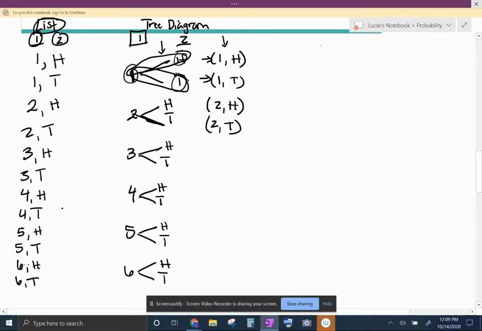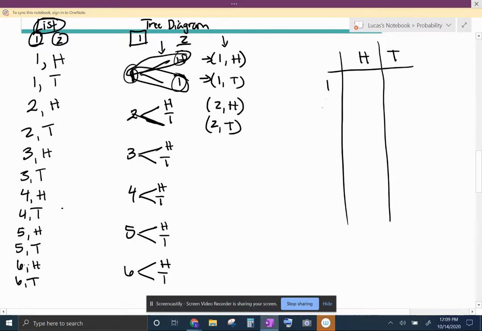All right. The next thing you can do is make a table. So I can get a heads or tails for the second event, and then for my first event, I can get a 1, 2, 3, 4, 5, 6.